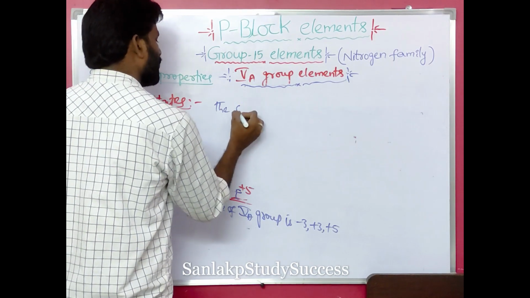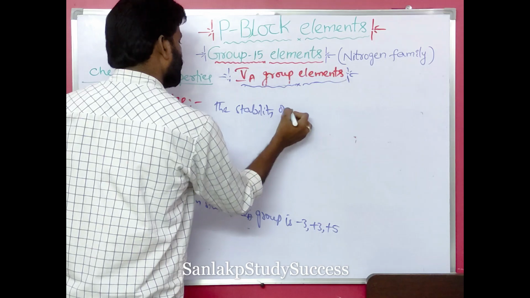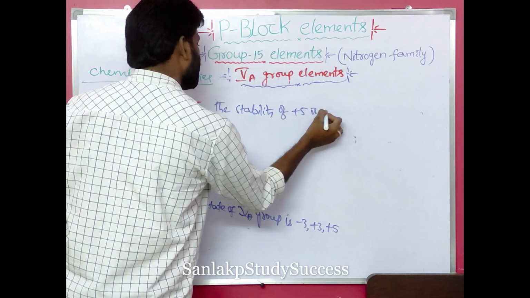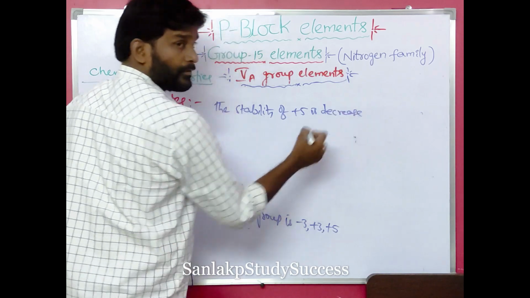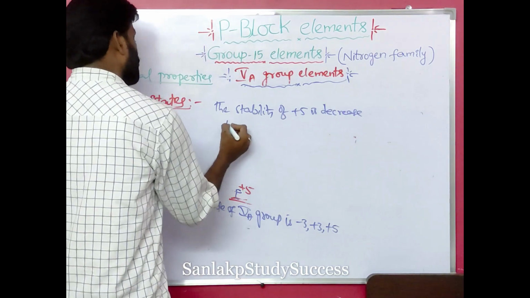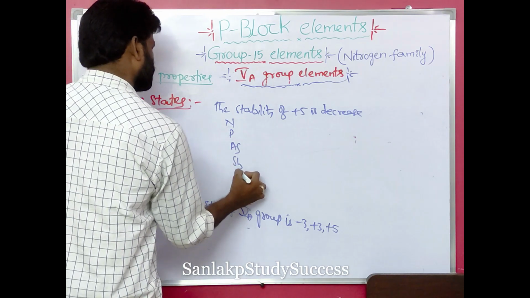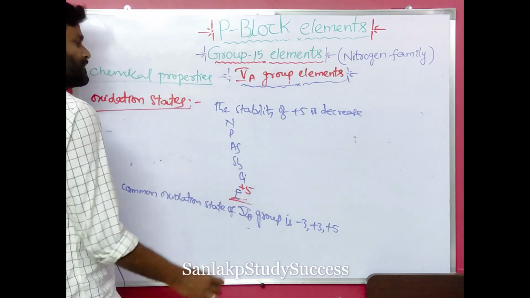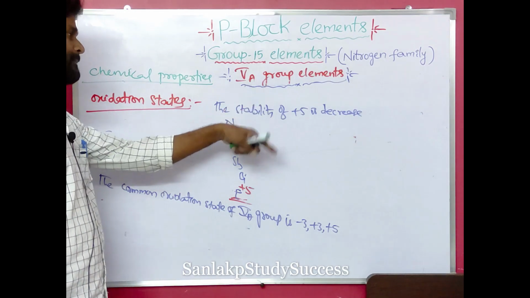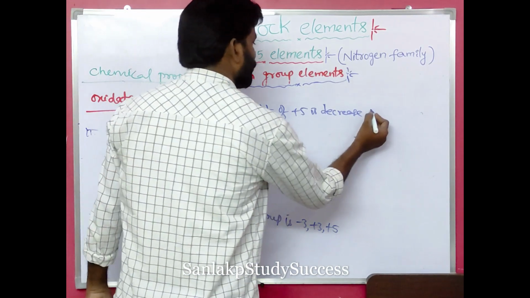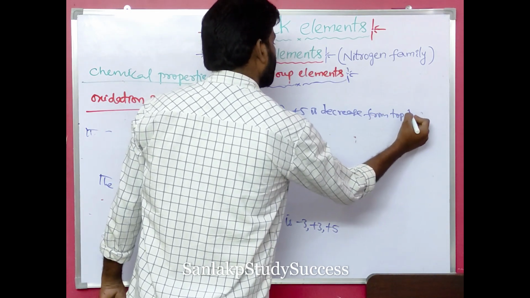The stability of +5 decreases from nitrogen to bismuth, that is, from top to bottom.